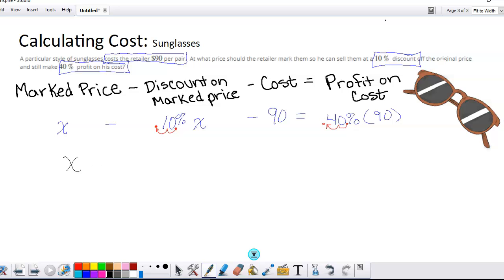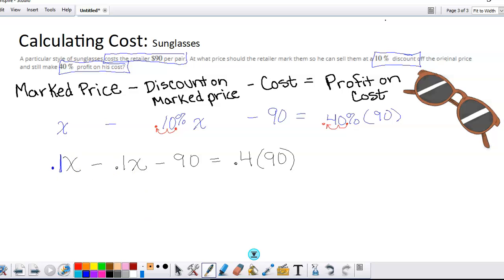So we have X minus 0.1X minus 90 equals 0.4 times 90. We have got our equation set up. Let's go ahead and solve this. Remembering that if there's no number in front of an X or any letter, that means that's one whole.